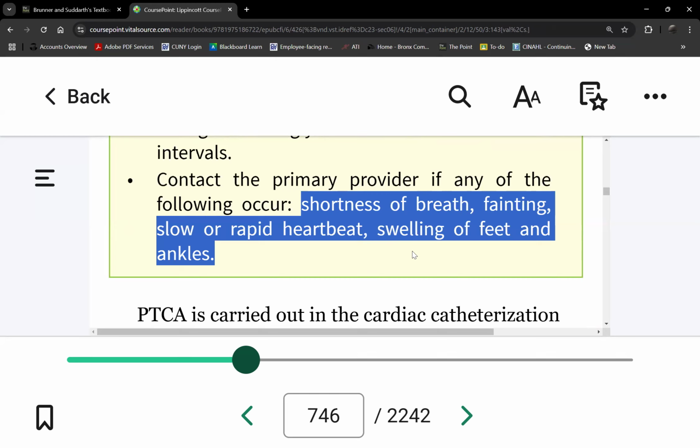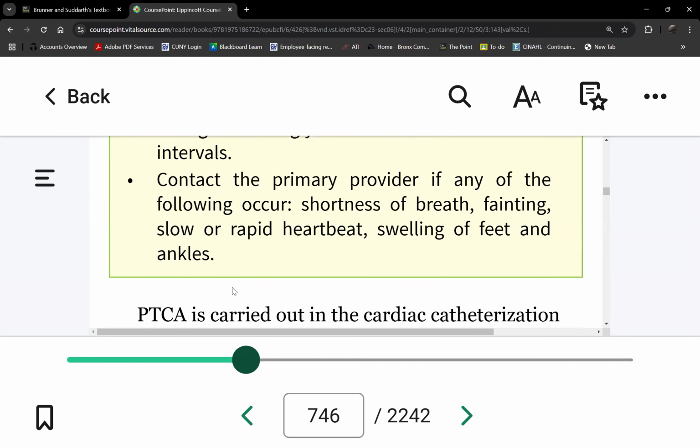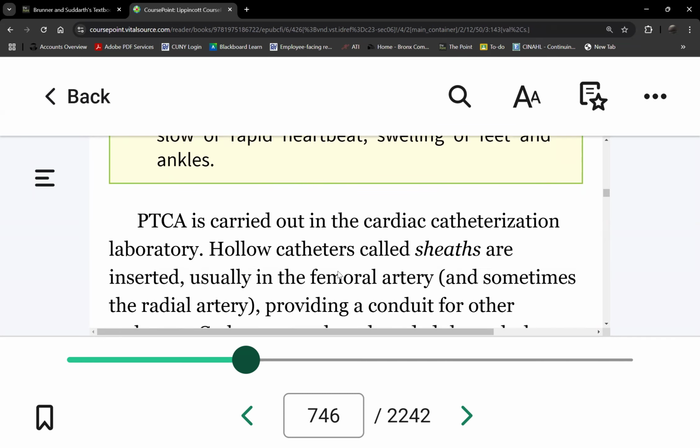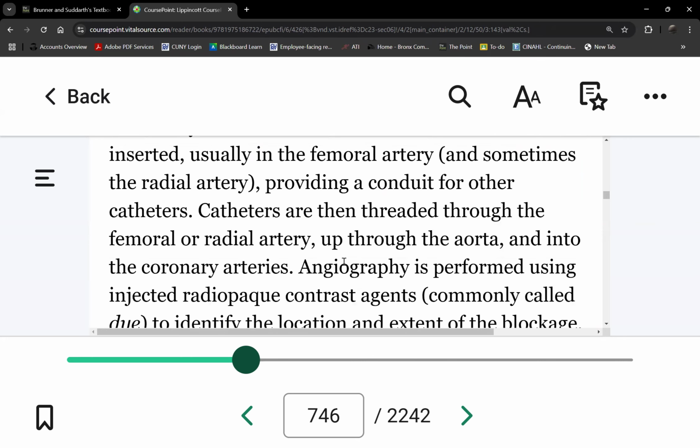What are these signs and symptoms of? Hyperconditioning, cardiac arrest, angina, respiratory? Isn't that heart failure? That's heart failure. Remember, they're at risk for heart failure after a heart attack.